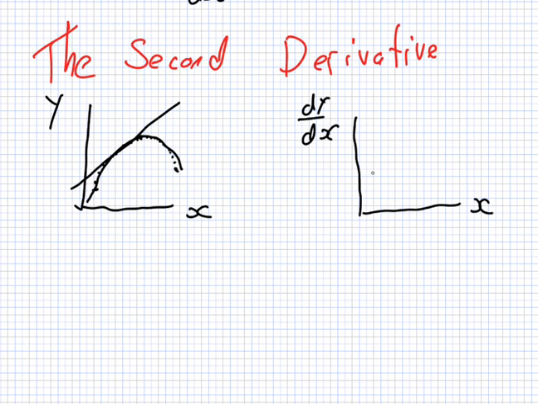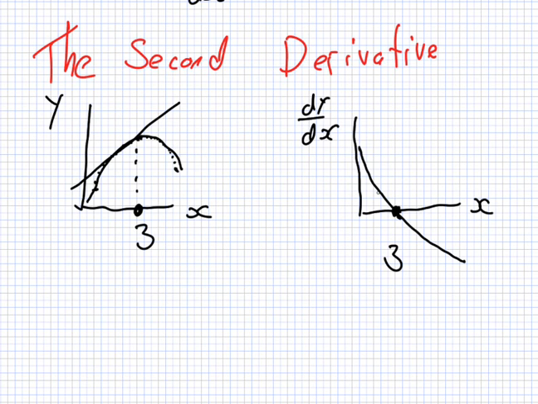So if you were to plot that, you would get a graph something like this. Positive, zero, negative. Let's imagine that the maximum is at 3. Then this point here would be 3, because this is where the derivative is 0.